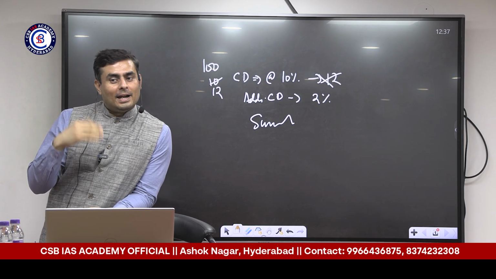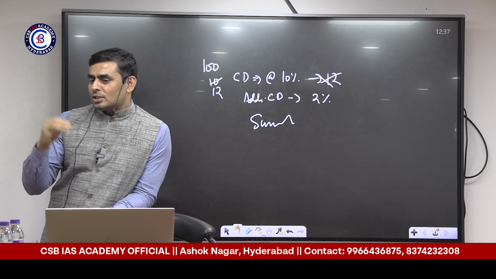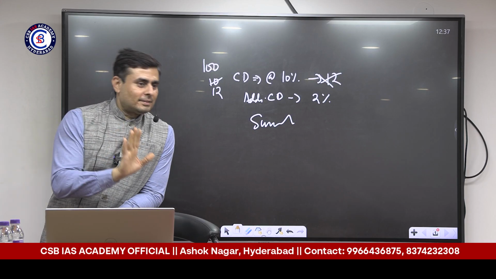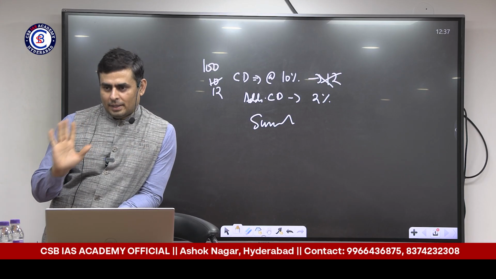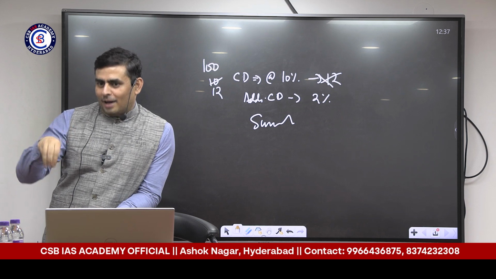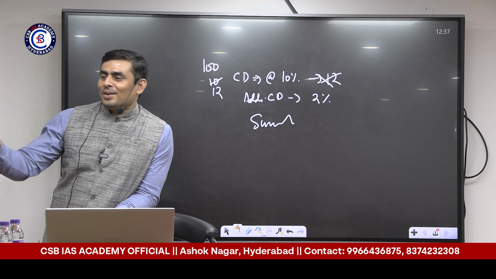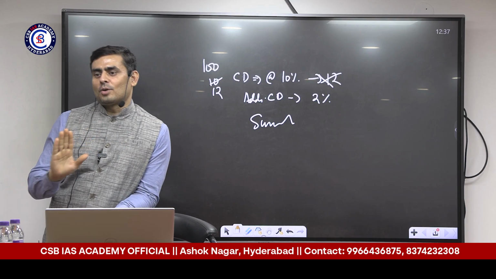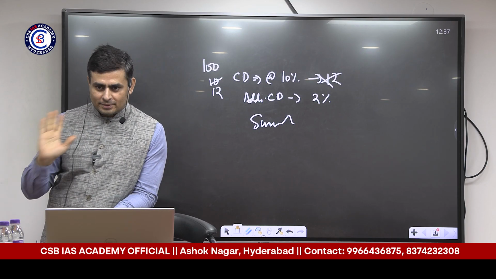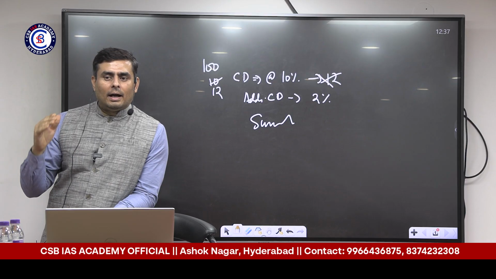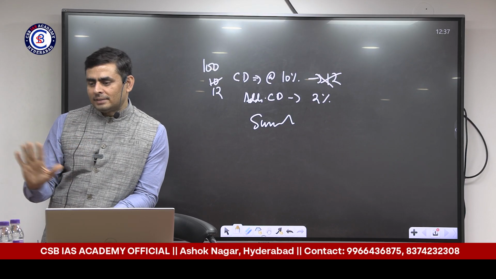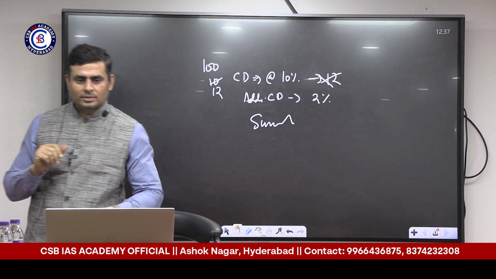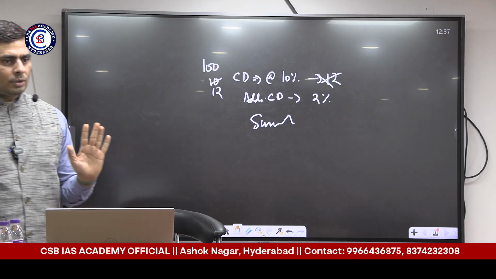So when additional is being applied, the center has very clear thinking that they want to keep those resources with themselves only. They do not want to share with the states. So additional or surcharge name, all these things happen this way. Right. Next. Custom duty, have you understood?